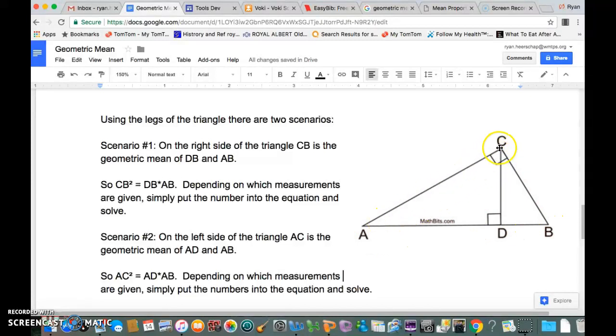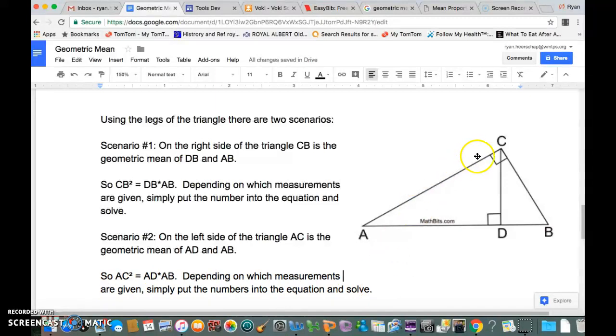So AC is the geometric mean of AD and AB. Right? So using that idea, same equation as before, AC squared equals AD times AB. So again, the square root of the product of two numbers will help you find that geometric mean. And depending on which measurements are given, put the numbers into the equation and solve.